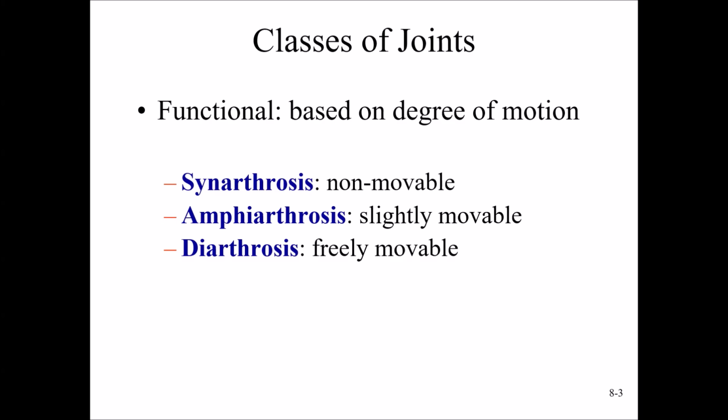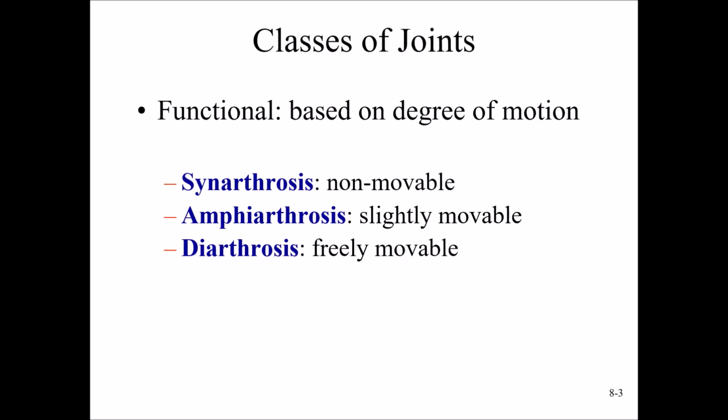These are your synovial joints, which we'll look at. These are called diarthrosis, and that just means that you have more range of motion. Your shoulder joint, hip joint, elbow joint, or the joints in your digits, all of these would be diarthrotic joints.